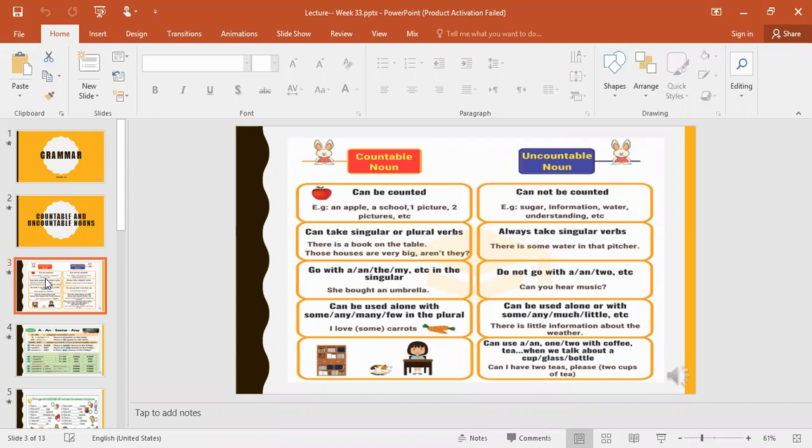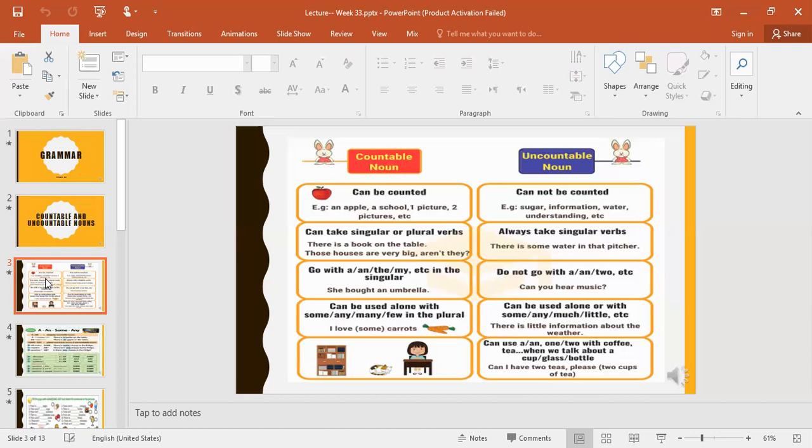Countable nouns can take singular and plural verbs. Uncountable nouns always take a singular verb. Countable nouns go with a and the, my, etc. in the singular. Uncountable nouns do not go with a and so on. Very good, Ismail.